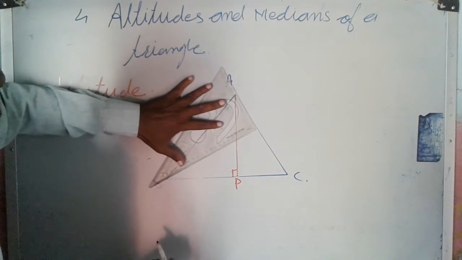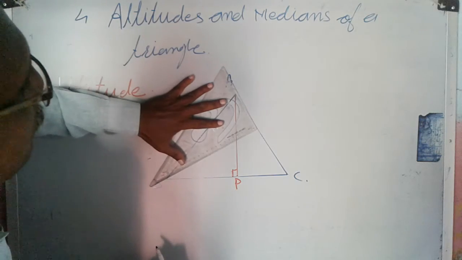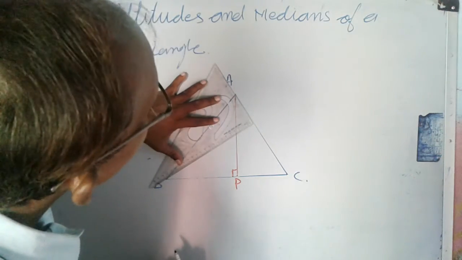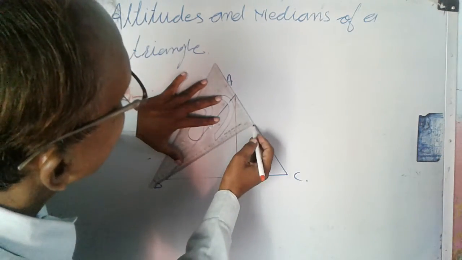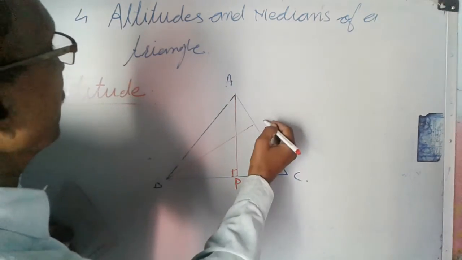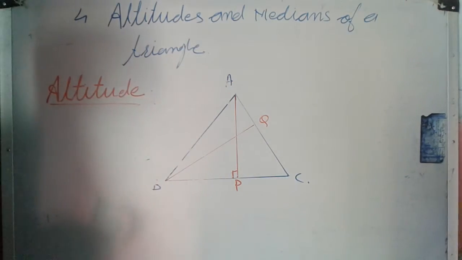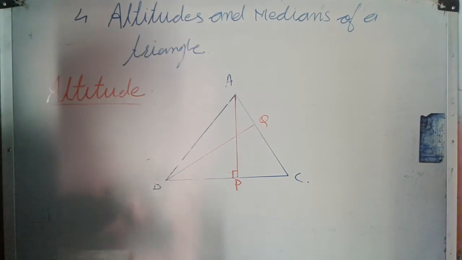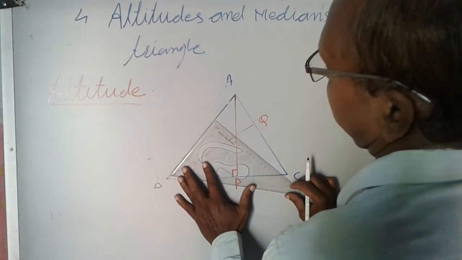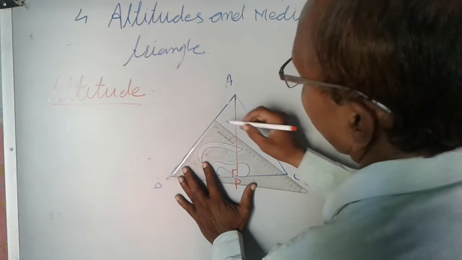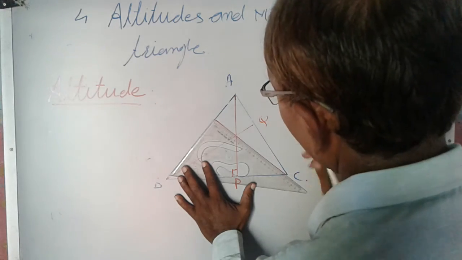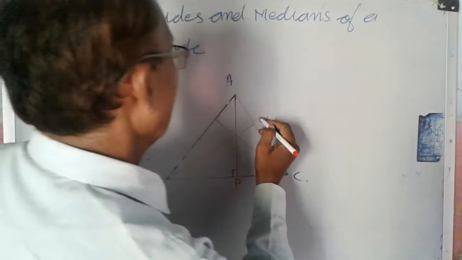Now put the set square like this. Suppose this is altitude BQ. Draw the third altitude from point C. For that, put the set square like this.